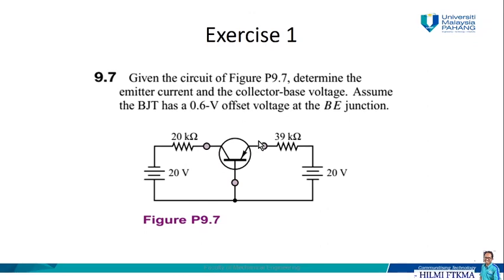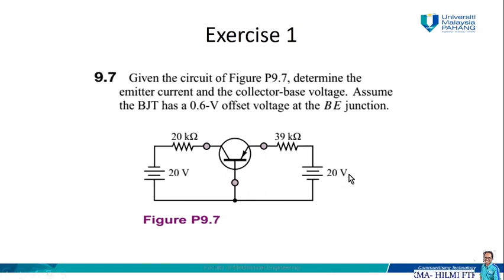Okay, you need to find the IE and the collector base voltage. You need to find the VCB. Assume the BJT has 0.6 offset voltage. Okay, the value for VEB is 0.6 volt, and that's it. Okay, you need to find these two unknowns.